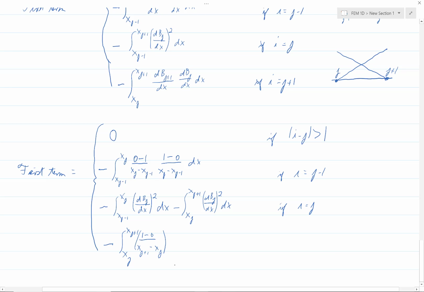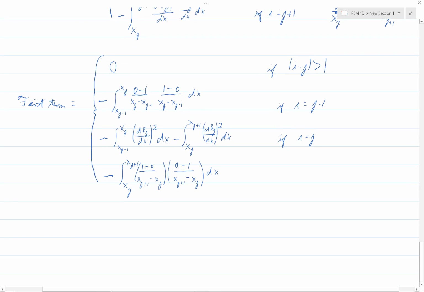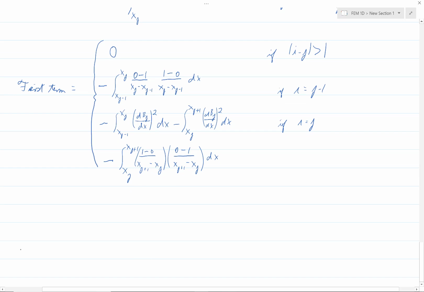And the slope of b_j is 0 minus 1 over x_{j+1} minus x_j, dx. And we're getting close to having this all done for the first term. So, first term equals, okay, so we have 0 if |i minus j| is greater than 1.